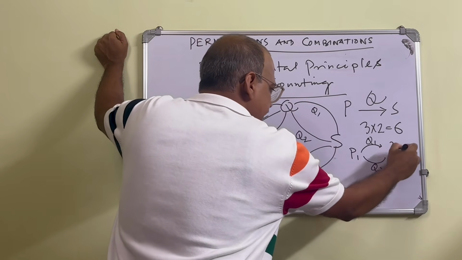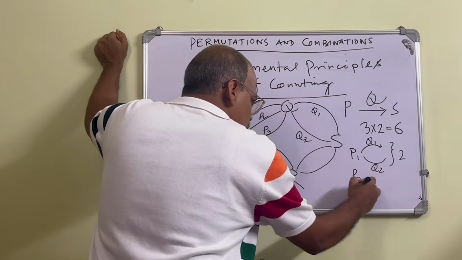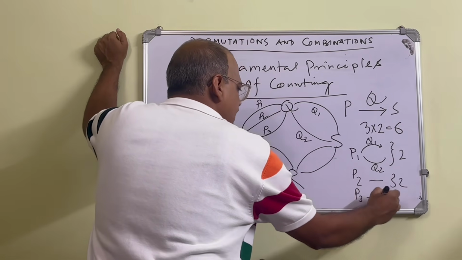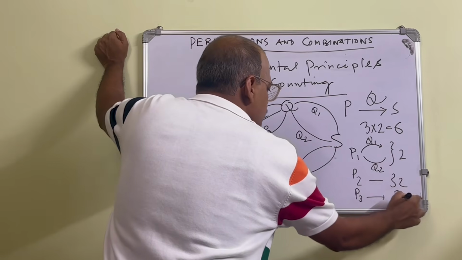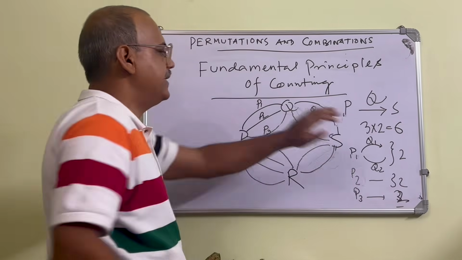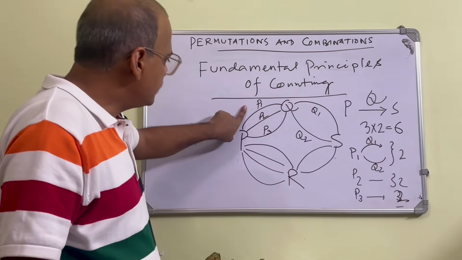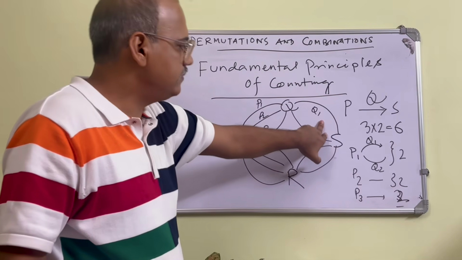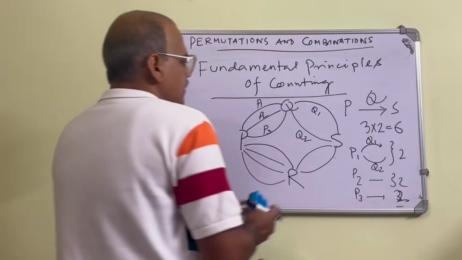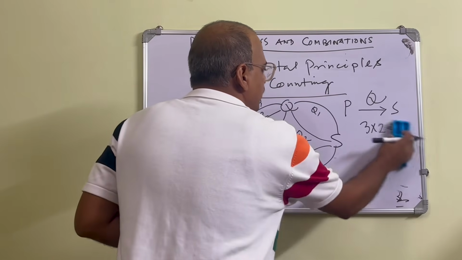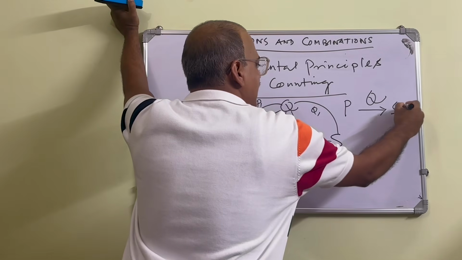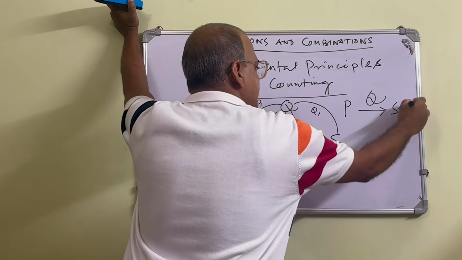Likewise for P2 I do have two ways. For P3 I do have two ways. So I have a total of 6 ways, which is 3 times 2. Let me make a note of this. From P to S via Q I have 6 ways.